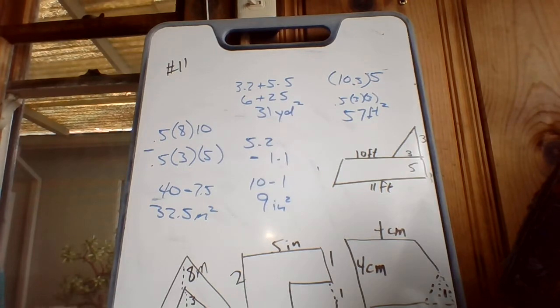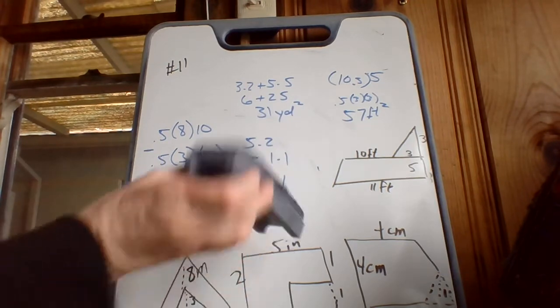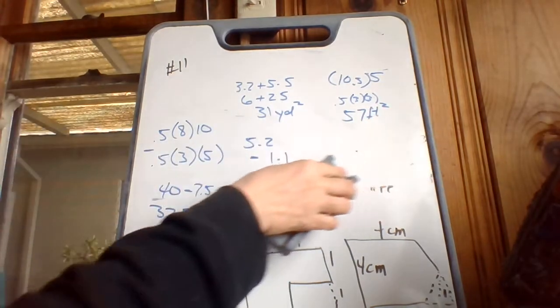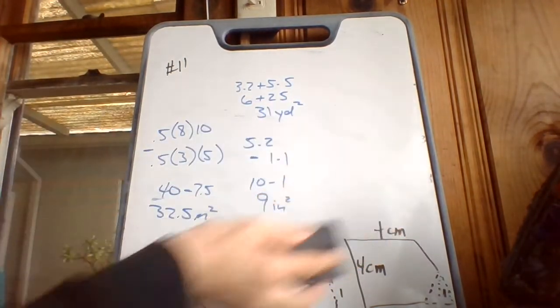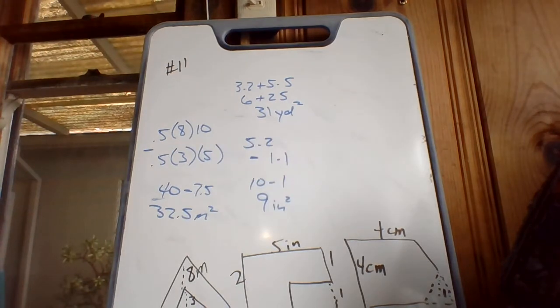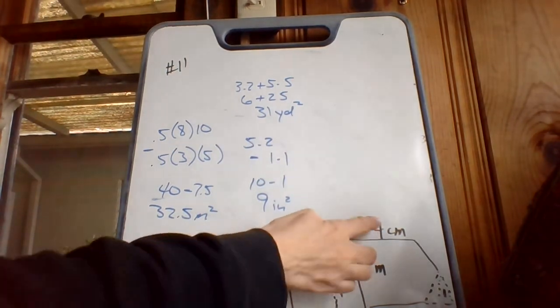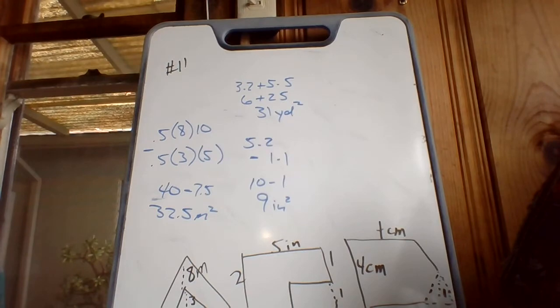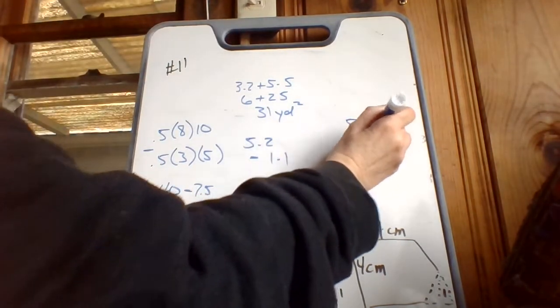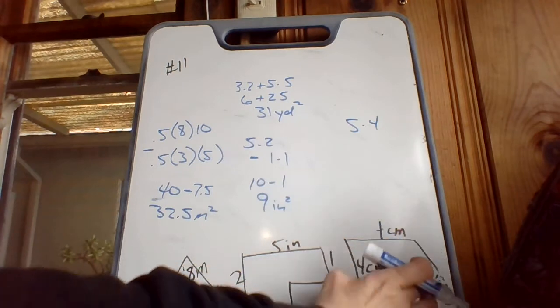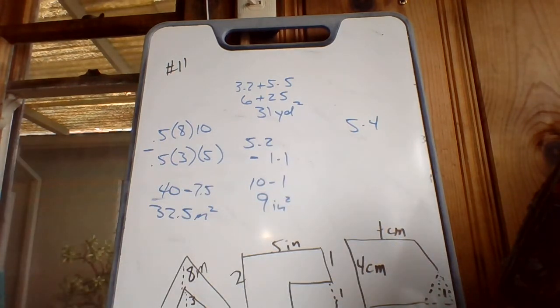And then the last one is a trapezoid with a triangle munched out. Okay, so my bases are 4 and 6. The average base is 5 times the height of 4. Okay, so I've just munched a triangle out of the end of that trapezoid.